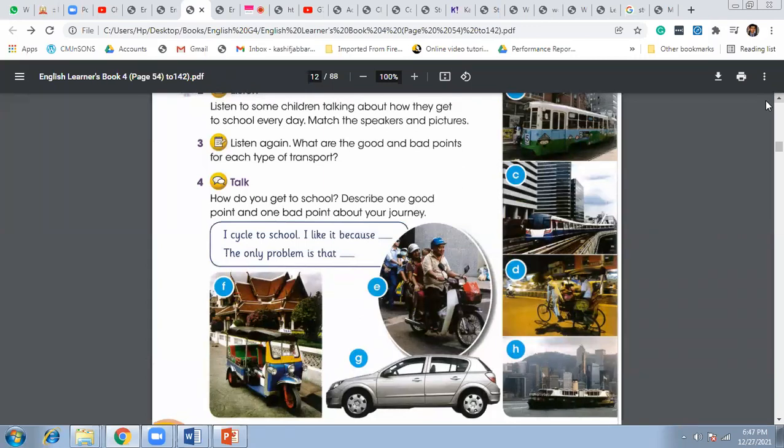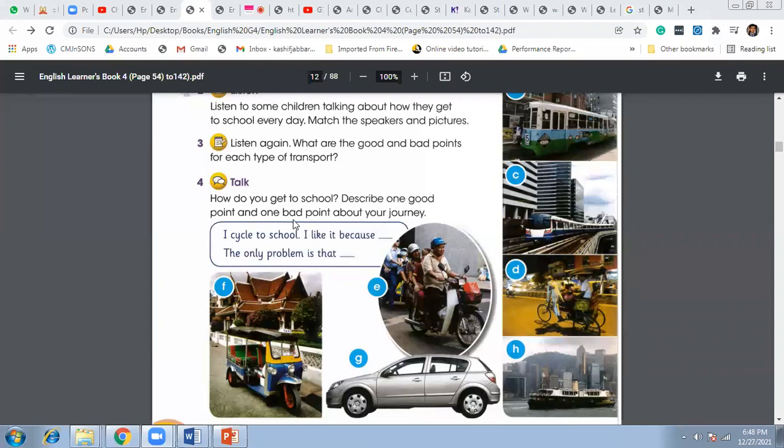Anything that is bad about the journey of the car? There is nothing bad. I think the car gets stuck in the traffic. Sometimes you don't get the space to park the car. These are the bad points. The good point is that the car is comfortable, it is fast. Okay. Very good.